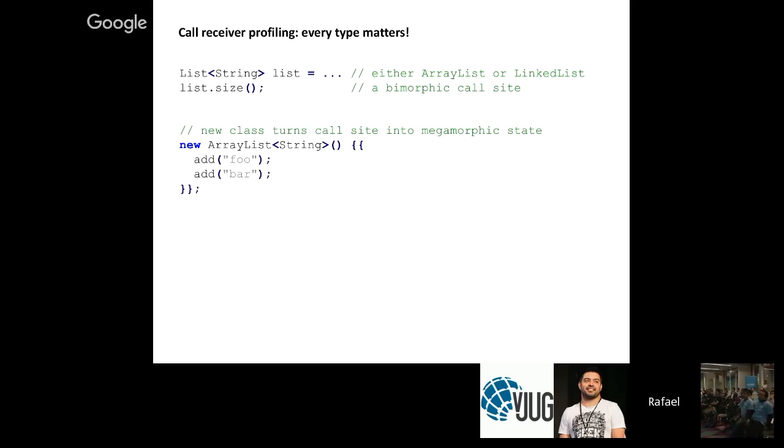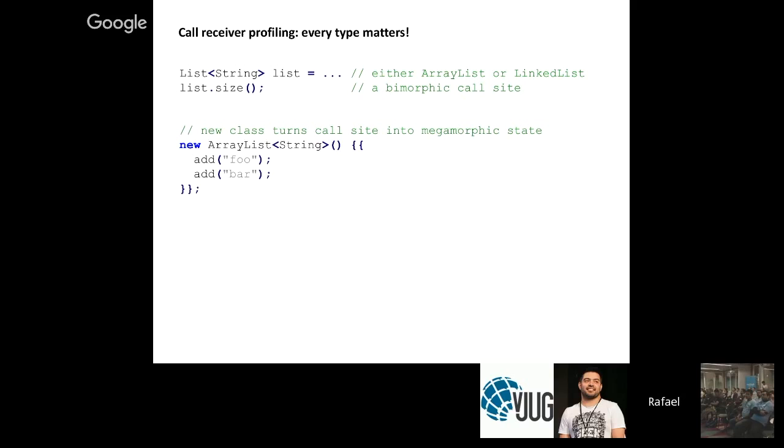But then at some point in the program, someone creates an ArrayList with this so-called double brace initialization, which is basically just creating a subclass of ArrayList and adds a constructor in which add foo and add bar is called. And people like this because it feels more fluent, right? You can inline this statement. But what you actually do is you create a new type.